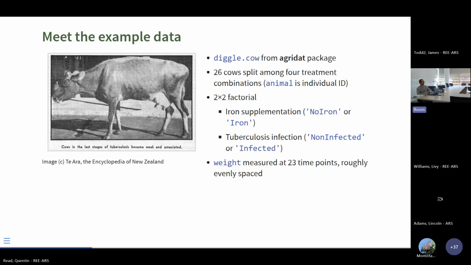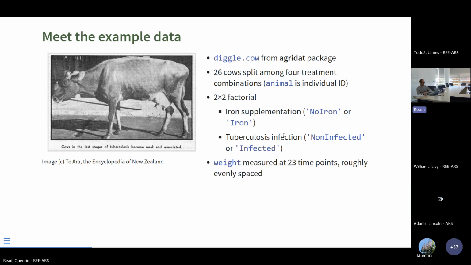So the cows that had tuberculosis did not gain weight as well, and they wanted to see if they could help that by giving iron to the animals. And so we have 26 cows, and each cow has a numerical ID because their weight is measured at multiple time points. So we can track the same cow measured at different days.